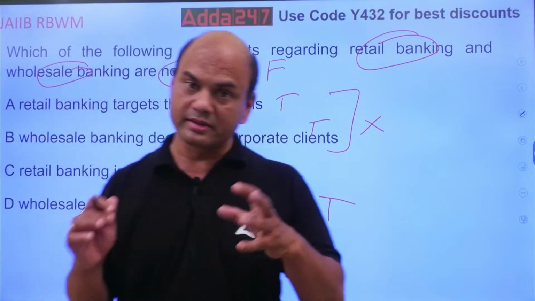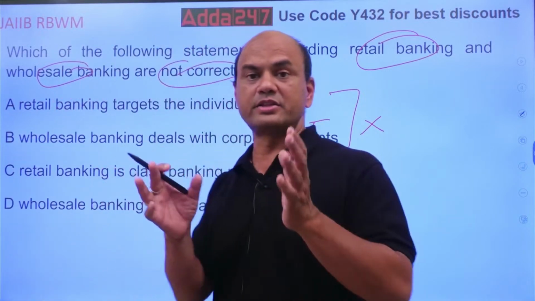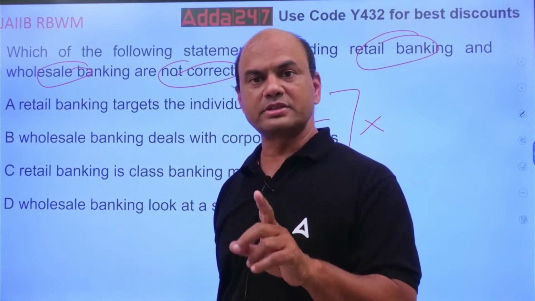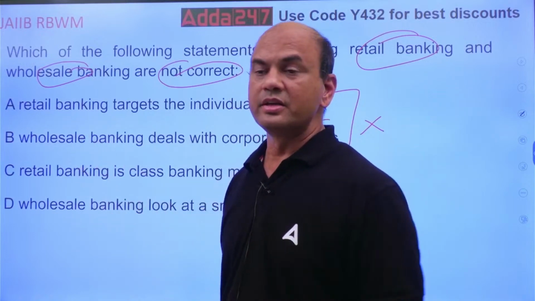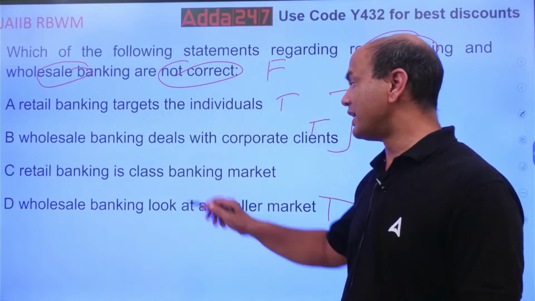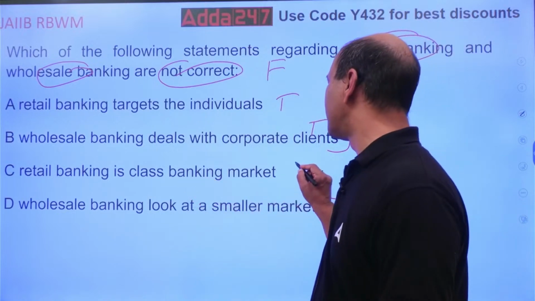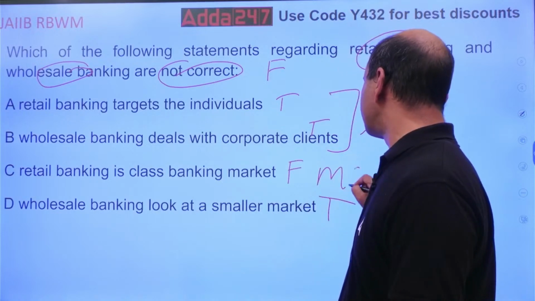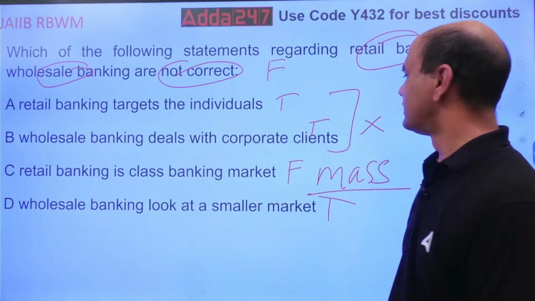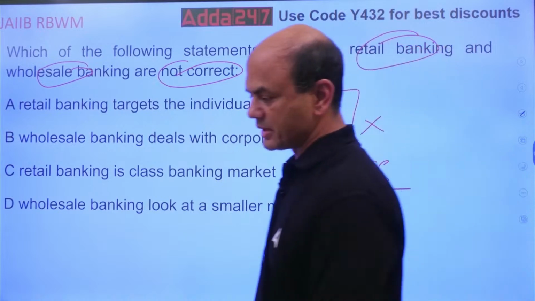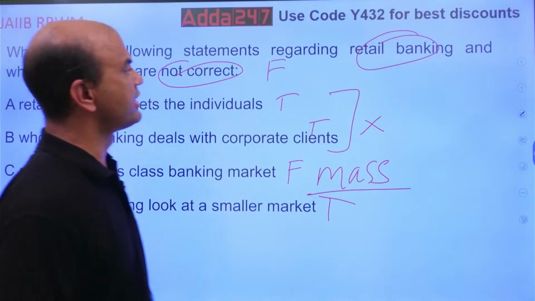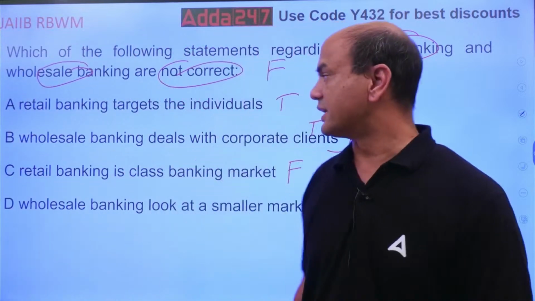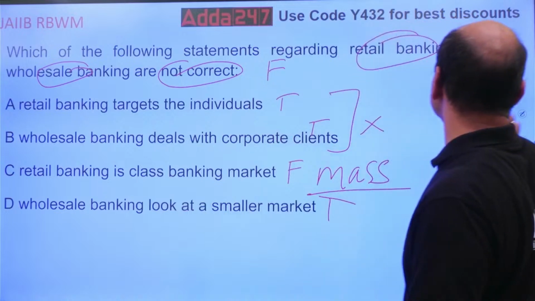Only the customer side, this customer is big. Reliance, one Reliance, but that is only one customer. Of course, that Reliance will be for hundreds of crores, but one customer. So this is a class market. But retail banking is a class banking market, that is false. Retail banking is a mass banking market. Kindly note, retail is a mass banking, not a class banking. Got it, everyone? So the answer is C.